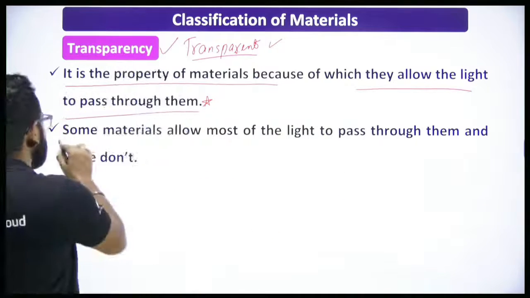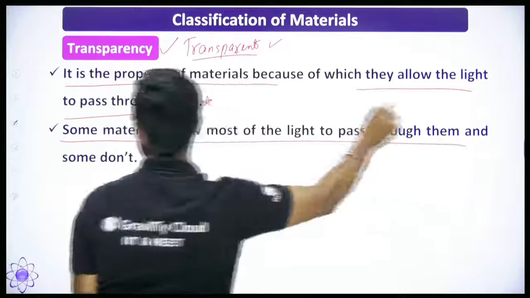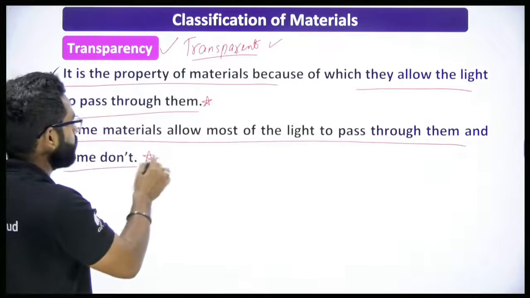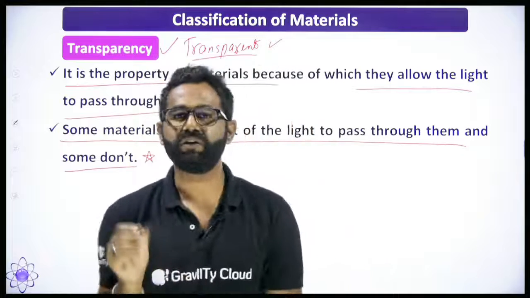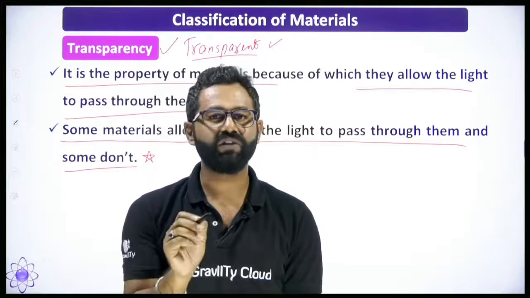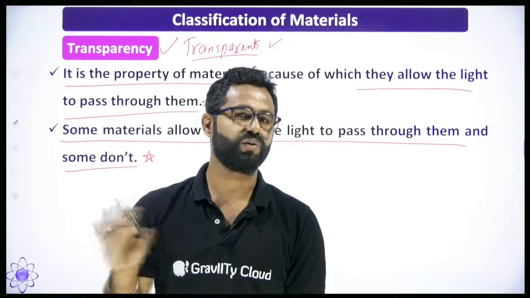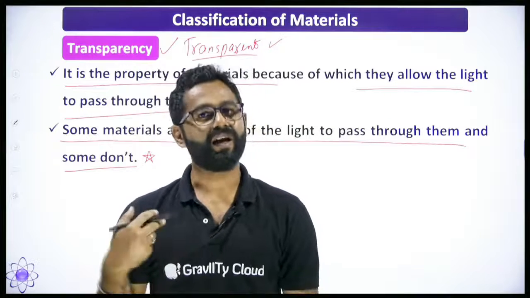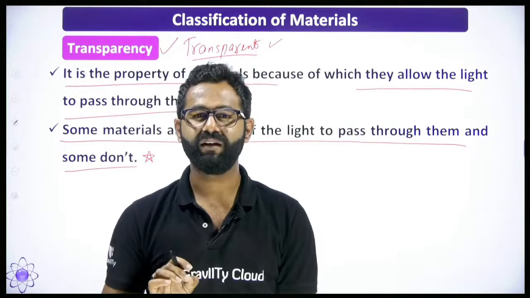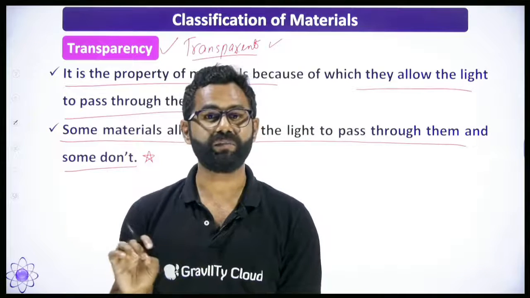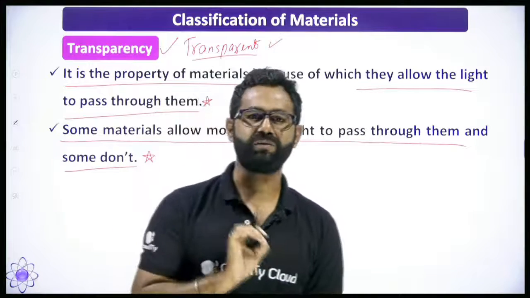Now that means that some materials, they allow most of the light to pass through them and some don't. Some will allow it, some will not allow it. Simple. Right? Some materials will be more transparent, some will be less transparent.